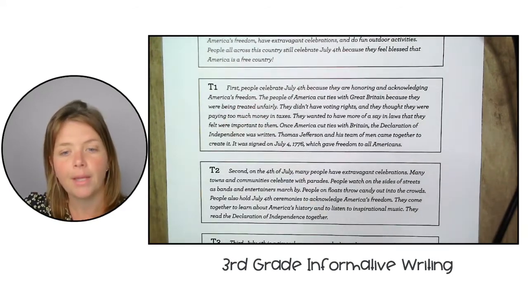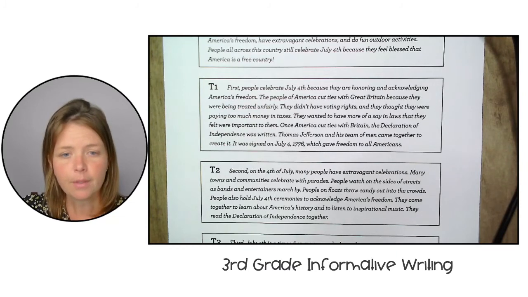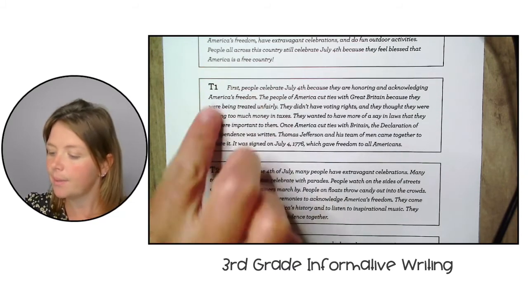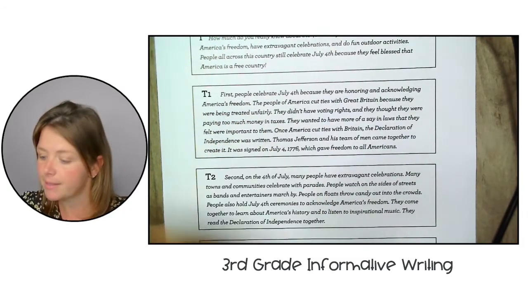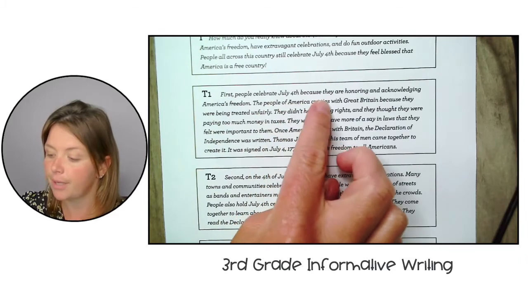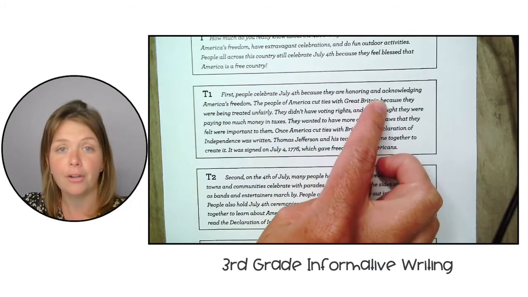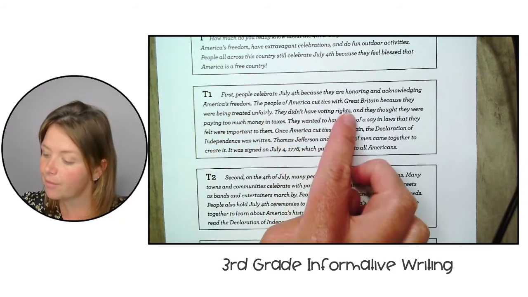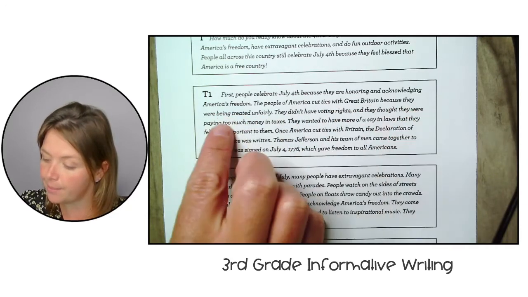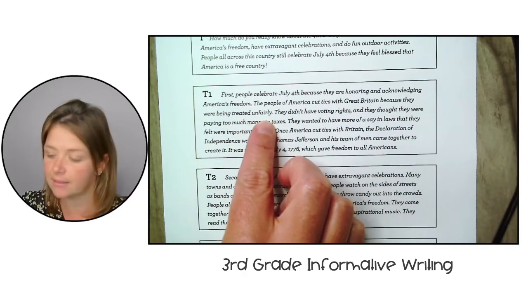That T1 paragraph is right here on your screen. It reads, first, people celebrate July 4th because they are honoring and acknowledging America's freedom. The people of America cut ties with Great Britain because they were being treated unfairly.